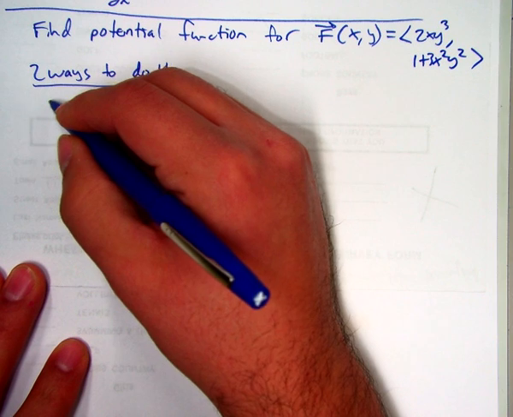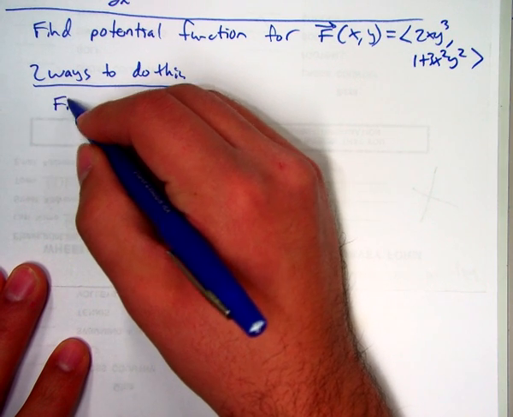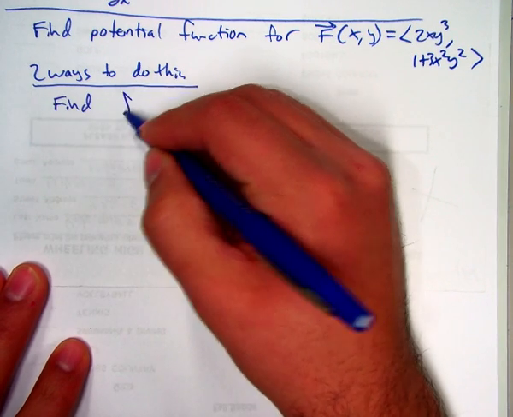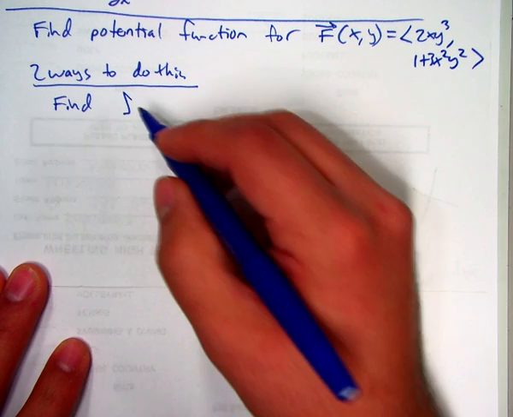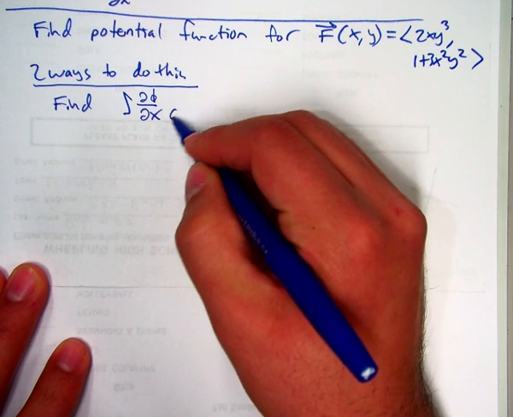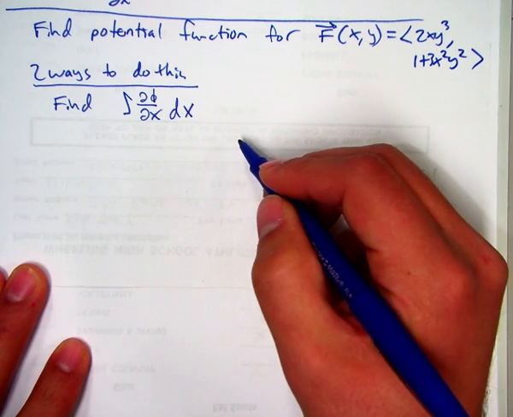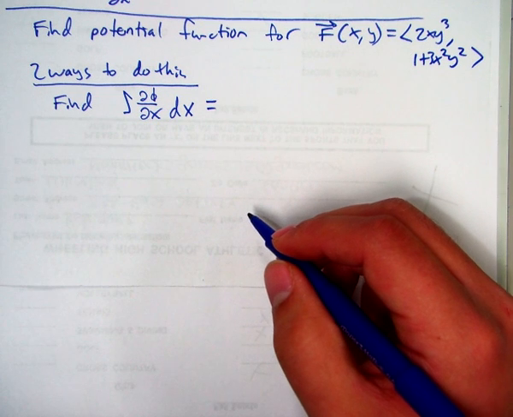One, we find the integral of partial phi partial x dx. I'm sorry, did I just say derivative?